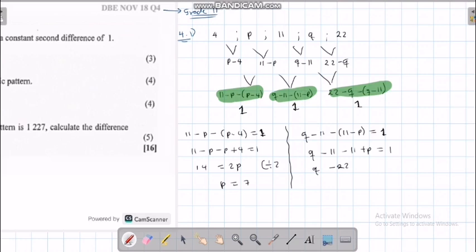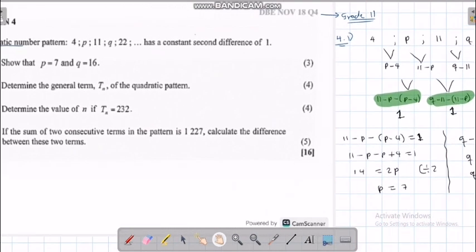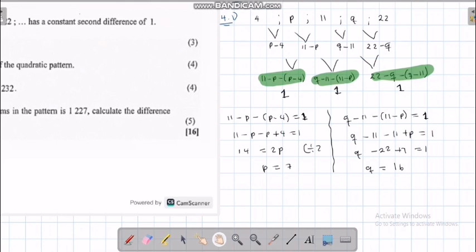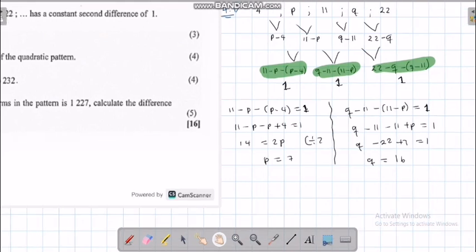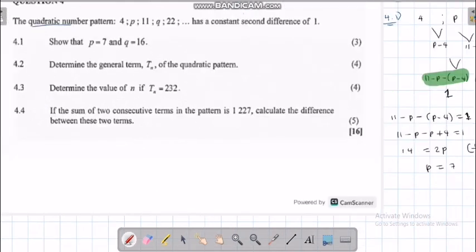Minus 22 plus 7 is equal to 1. Therefore our q is equal to minus 22 plus 7, which is, what is it? It's minus 15. Transpose the 15 that side. We have 16. So our q is 16. Did you manage to prove? Show that p is 7 and q is 16. Okay, so now let's move to our next question.